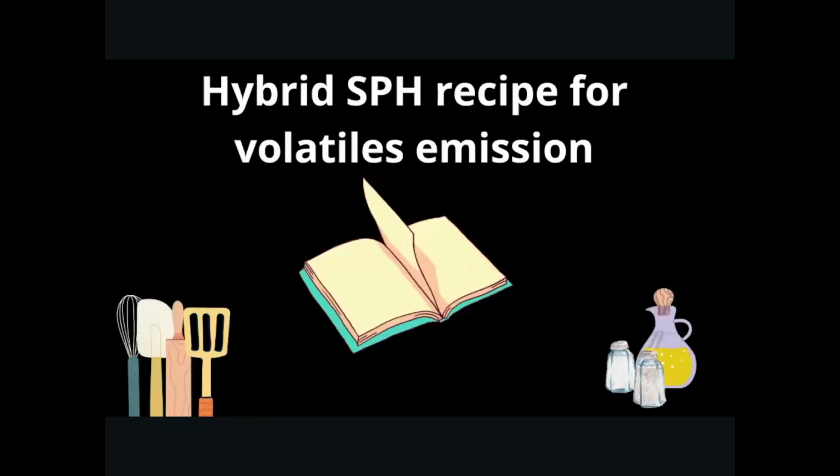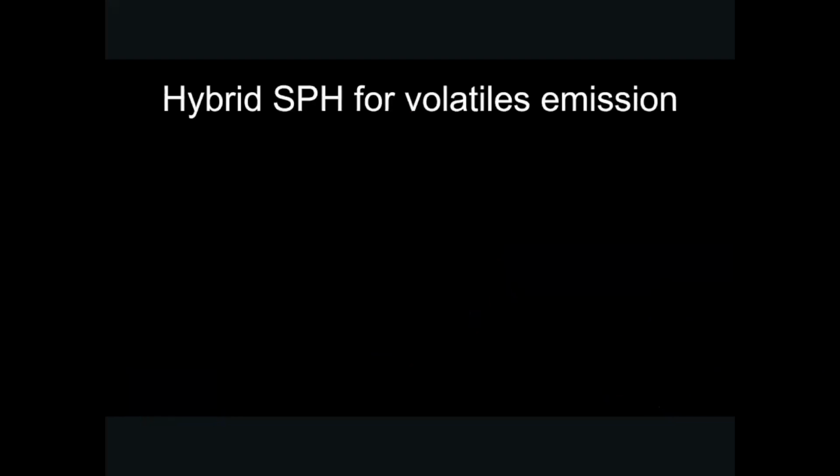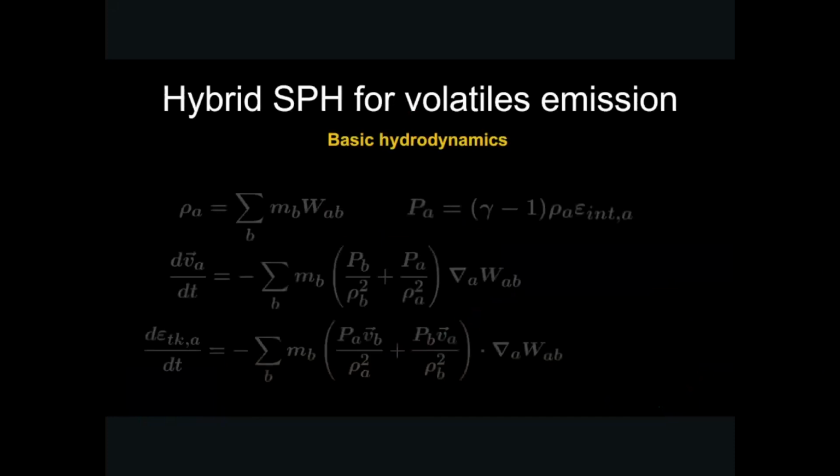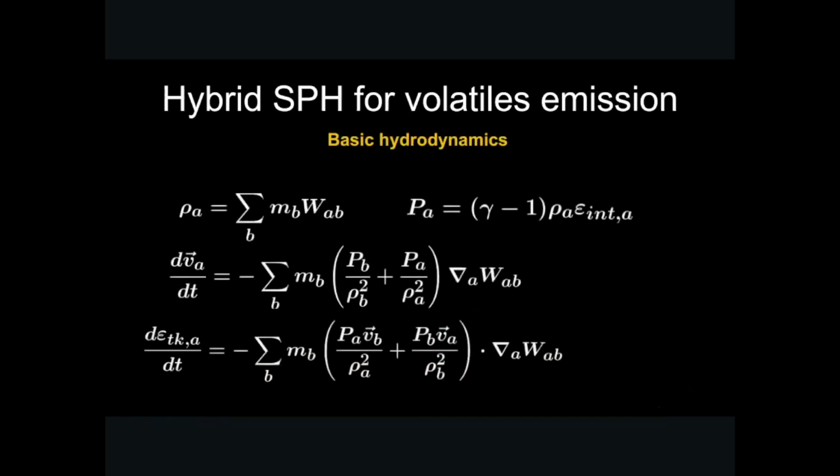And so now let's see what our recipe for SPH is. Again, the idea of making a cake, in this case, is not for cakes, it's for emission of volatiles. I call it hybrid because, as I said, it is basic hydrodynamics plus additional effects. The basic hydrodynamics we already saw. This is the set of equations that we use with a small modification, that is the presence of additional external forces, like the main gravity of the object you are studying. It can also consider, for example, another object, which can be Saturn for Enceladus or the Earth for the Moon.